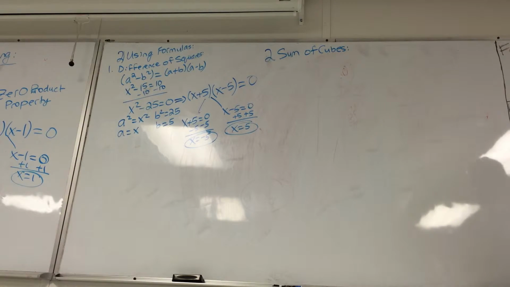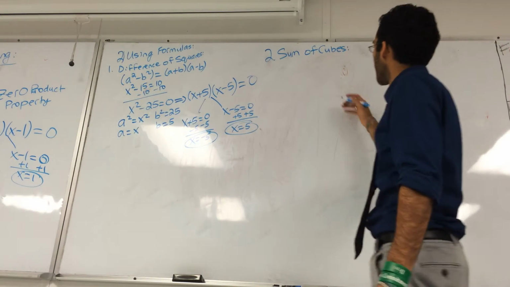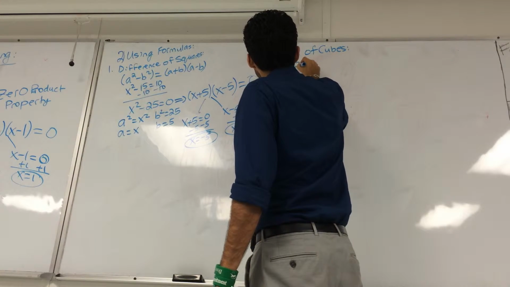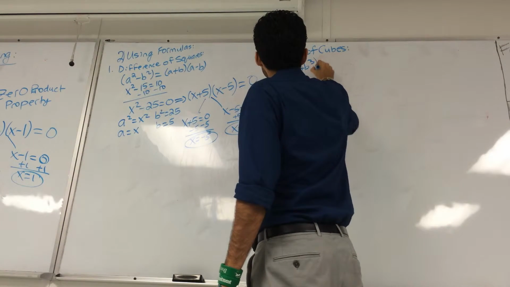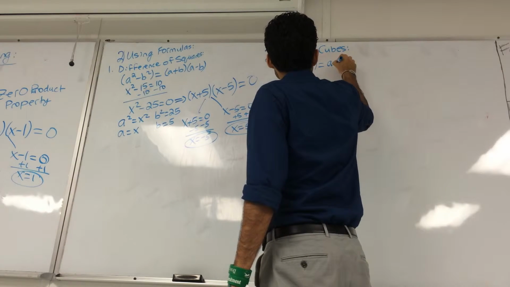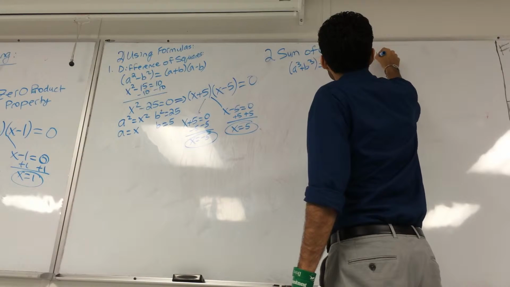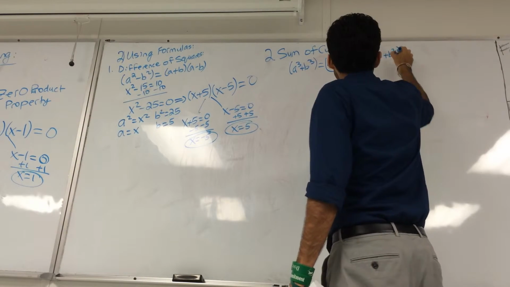Sum of cubes has this formula. I'm not sure you discussed this last year. You might have. It looks like the following. A cubed plus b cubed equals a plus b times a squared minus ab plus b squared.